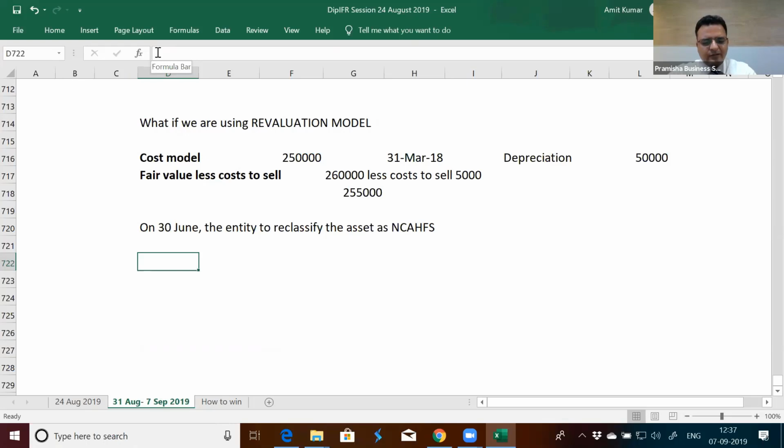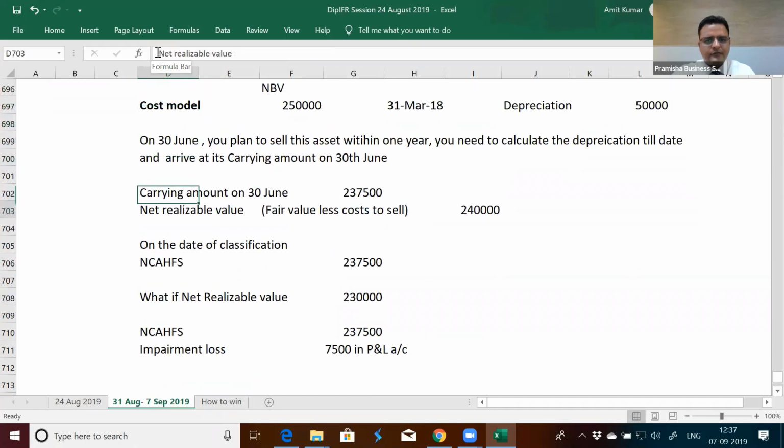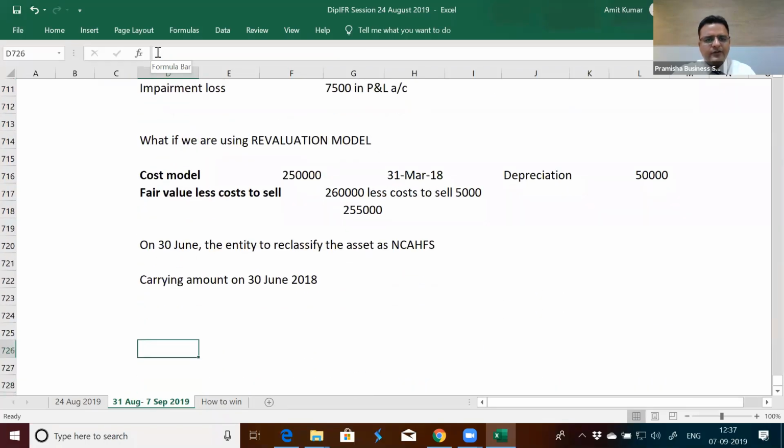So can you tell me the carrying amount on 30th June 2018? Can you tell me the carrying amount in this situation? Please have a look.